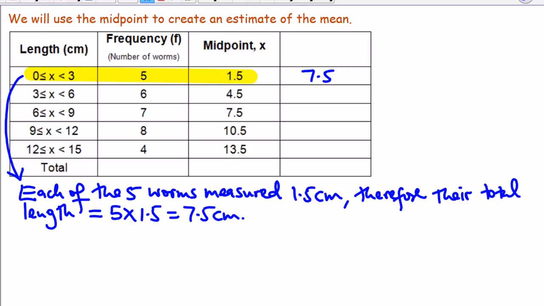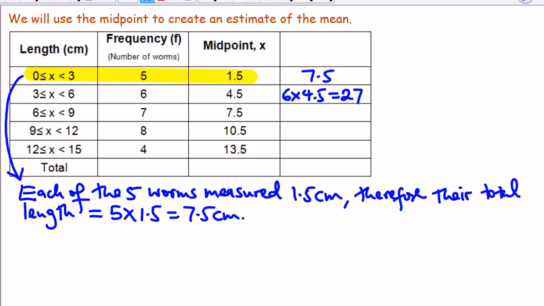We can do the same for the next row. On average, each worm measures 4.5 centimeters in the second row, and there are 6 of them. So 6 times 4.5 gives us 27. Approximately these 6 worms, if you put them together, will measure 27 centimeters.